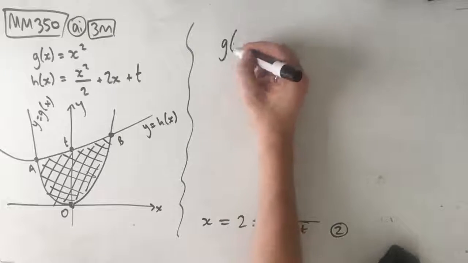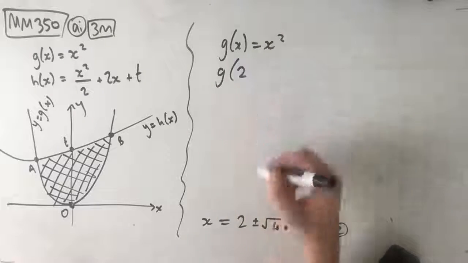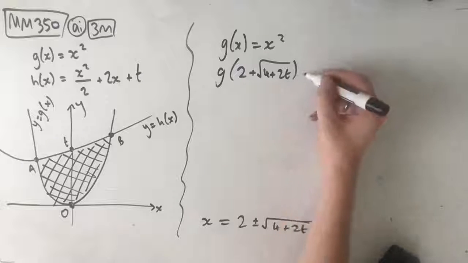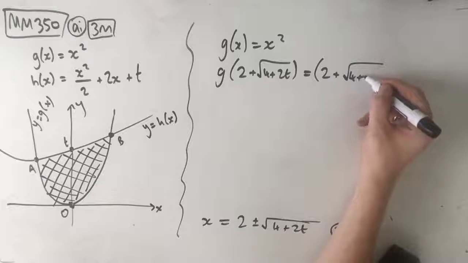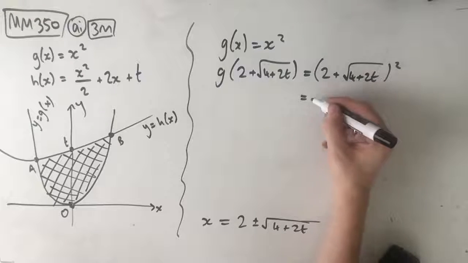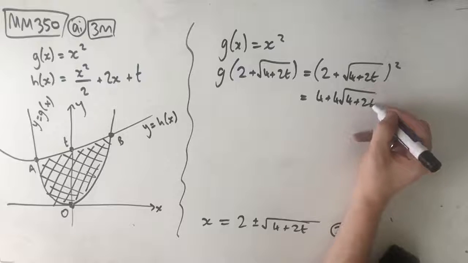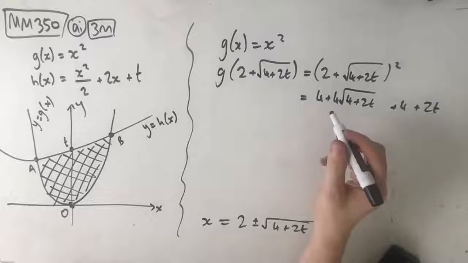So g of x equals x squared. So g of 2 plus root 4 plus 2t is equal to 2 plus root 4 plus 2t squared, which is equal to 4 plus 4 plus 2t plus 4 plus 2t. Awesome.